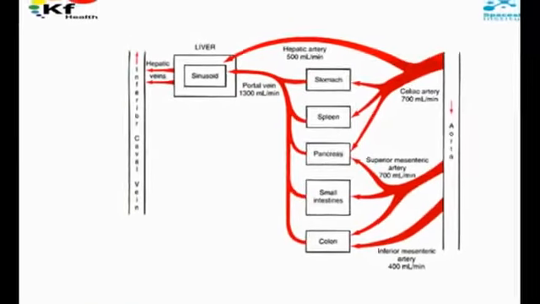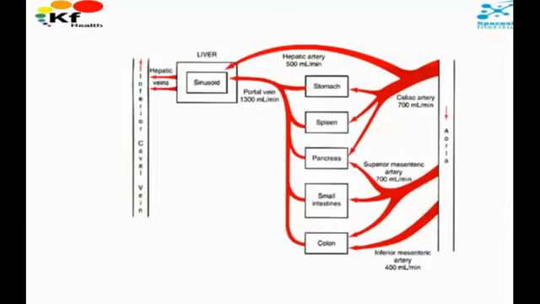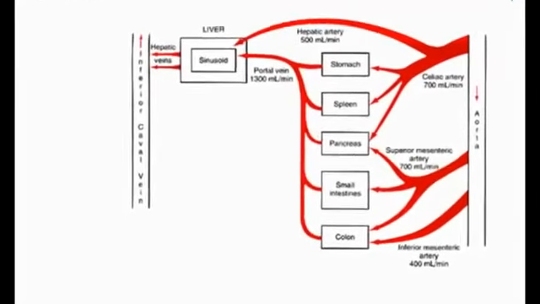The hepatic portal vein supplies the liver with 75% of the blood, and this blood is collected from all the splanchnic organs. These are organs inside the abdominal cavity and the organs in the lower part of our body. All that venous blood collected inside the vena porta goes into the liver through the hepatic portal vein.